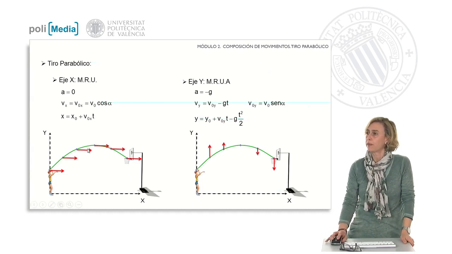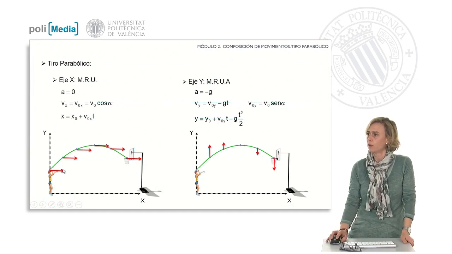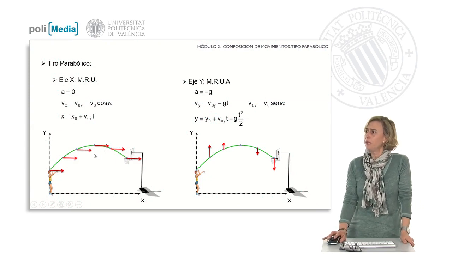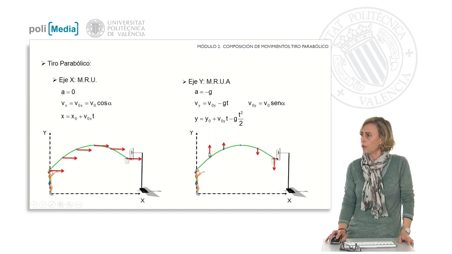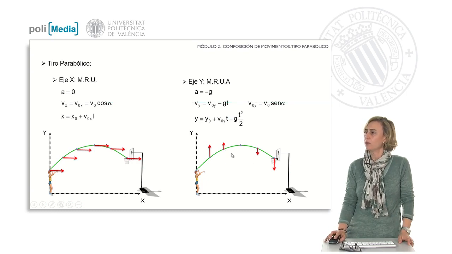The velocity vector is a constant vector along the entire trajectory, and uniformly accelerated rectilinear motion along the y-axis. Therefore, the acceleration vector is constant and is always directed downward.